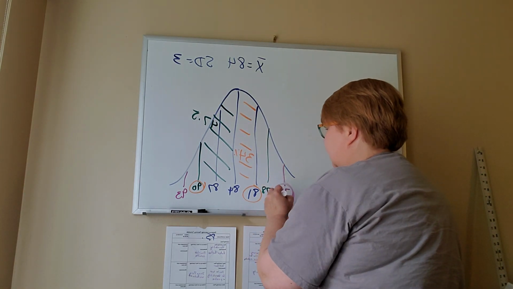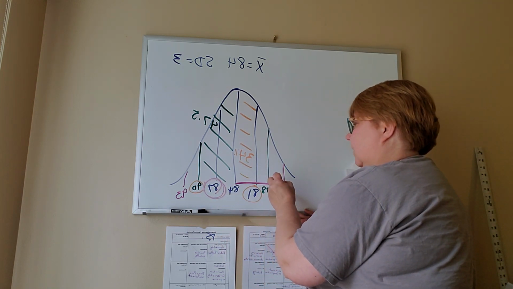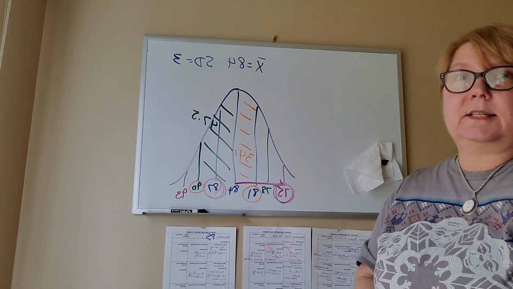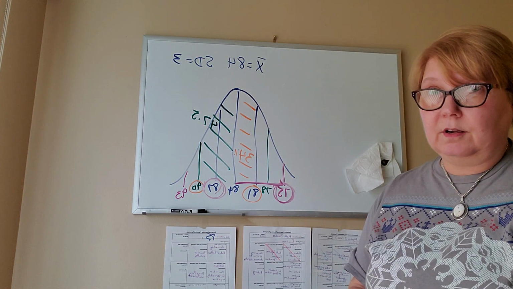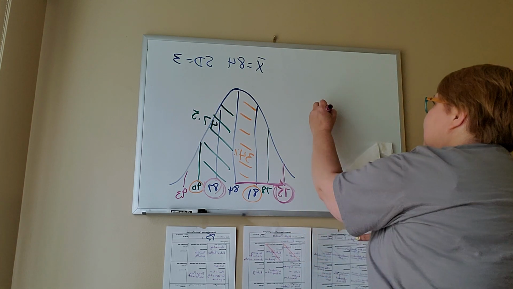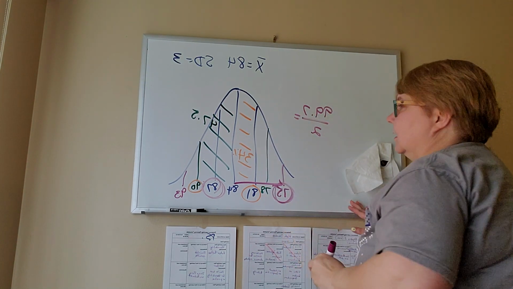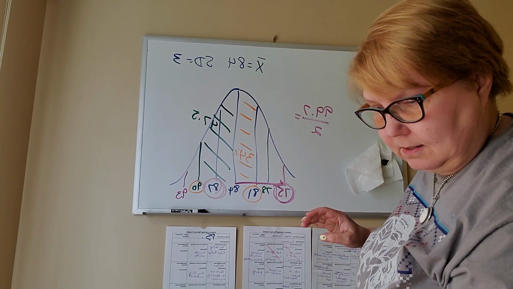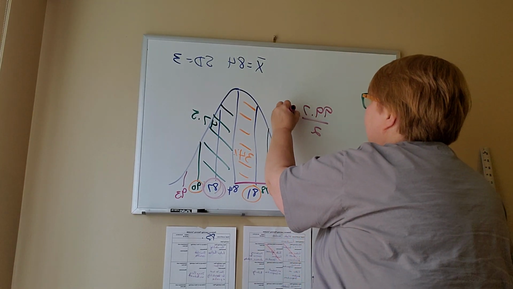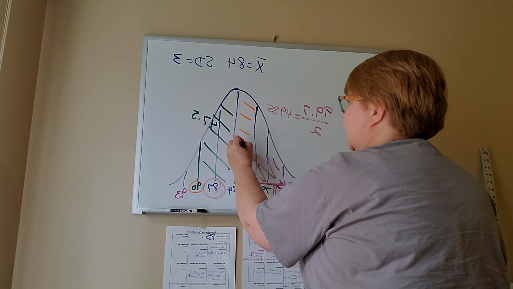Because we also look at 75 to 87. So from here over to here, that's 3 standard deviations down. 3 standard deviations is 99.7. So I'm going to take 99.7 divided by 2 and get 49.85, which is all of this space in here.